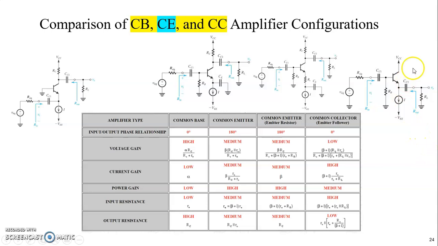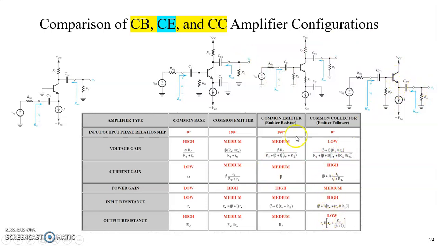So I would prefer to use this transistor at the input so that it can take the input signal as high as possible because it has a very high input impedance. It will not do anything to the gain, it will deliver the same signal, but it will actually take the signal from the V signal, right? And then I would have any of these amplifiers to have a voltage gain, and its output impedance is very low.